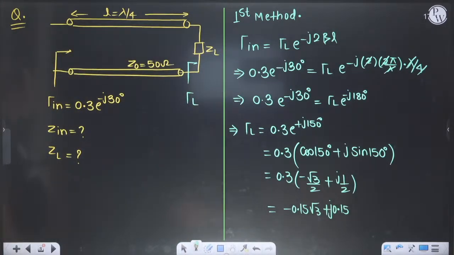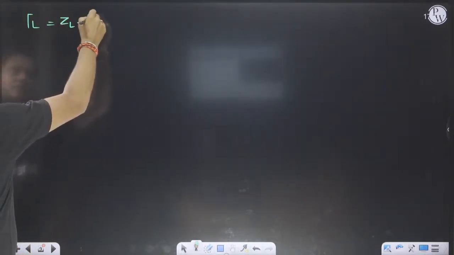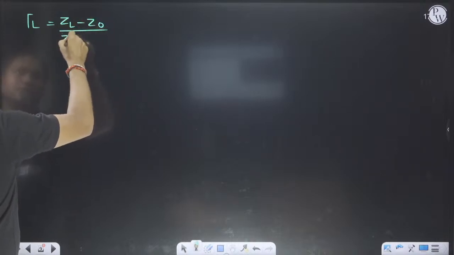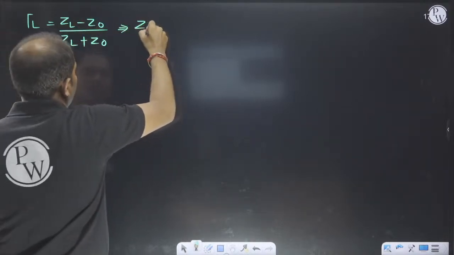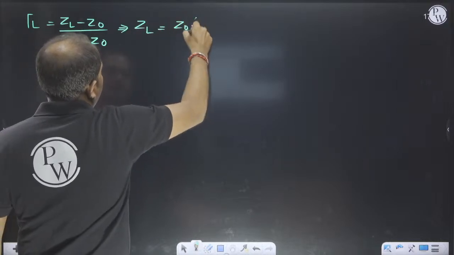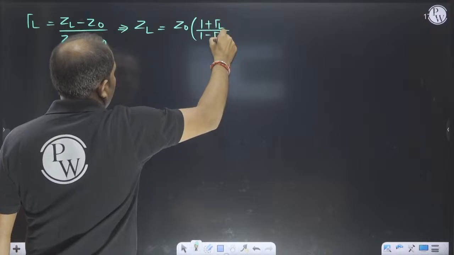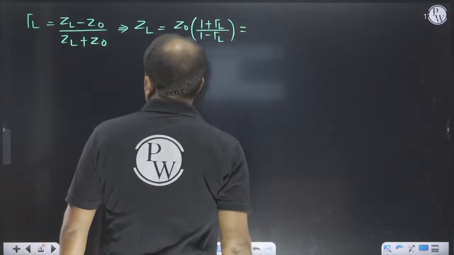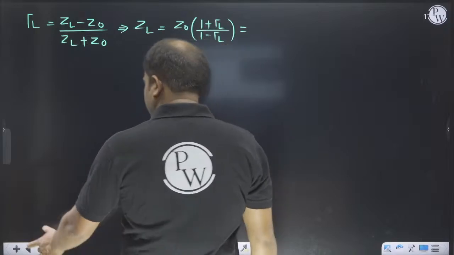So you know the value of gamma L. If you know the value of gamma L, you can calculate ZL. How? Gamma L is equal to ZL minus Z0 over ZL plus Z0. So ZL will be equal to, by applying componendo and dividendo, Z0 times 1 plus gamma L over 1 minus gamma L. How much will it be?